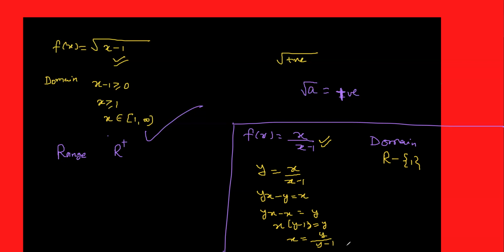So what value of y you can put? You will say, sir, you can put any value of y, but 1 you cannot put. So other than 1 you can put anything. So range means you will get any number, but you will never get 1. This is called range. Understood? So note down this question.